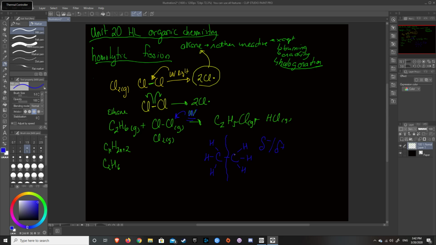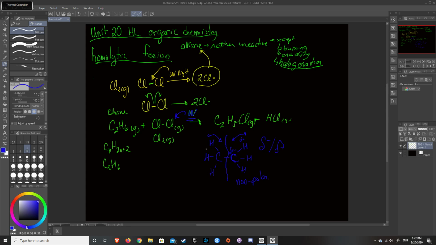Even if chlorine is more electronegative than hydrogen, chlorine will have a delta negative charge here and hydrogen will have a delta positive charge here. But then the total charge coming in this way is going to be counterbalanced by the charges this way. We're going to have an equal charge on each side of this molecule, and that's why this molecule turns out to be non-polar. So there's no charge differences with this molecule.